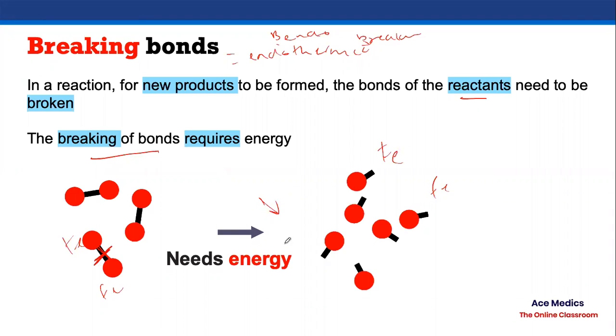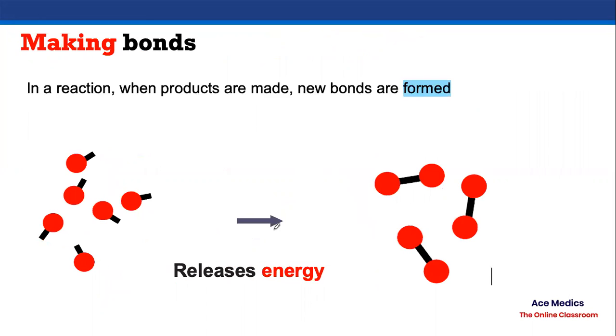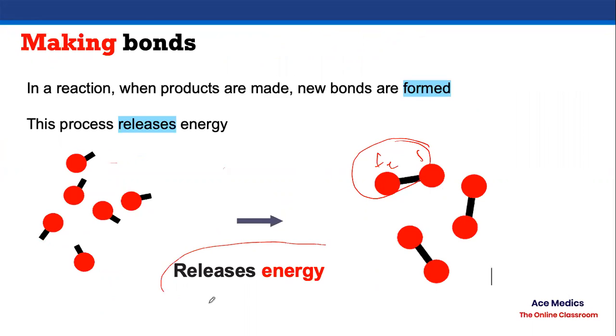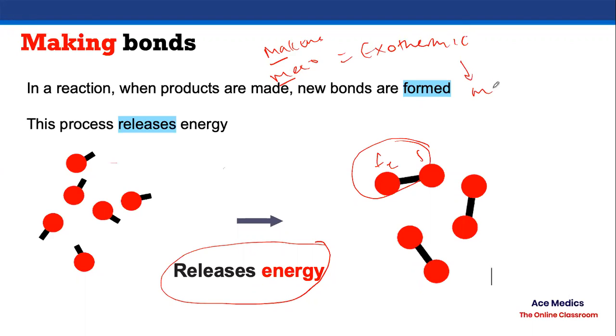So this will need energy, all right? And then making bonds, okay, so let's say you're making iron and sulfur, will release that energy, okay? So remember, making and mexo both have M in it, so it's exothermic reactions where you're making bonds, which is releasing energy. Okay? Cool. Right.